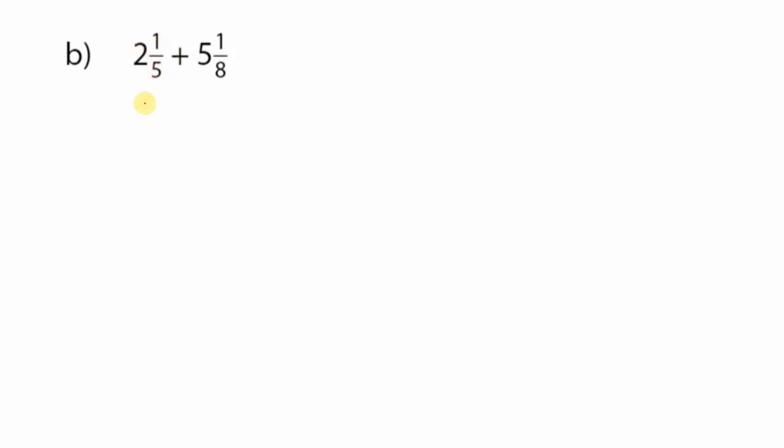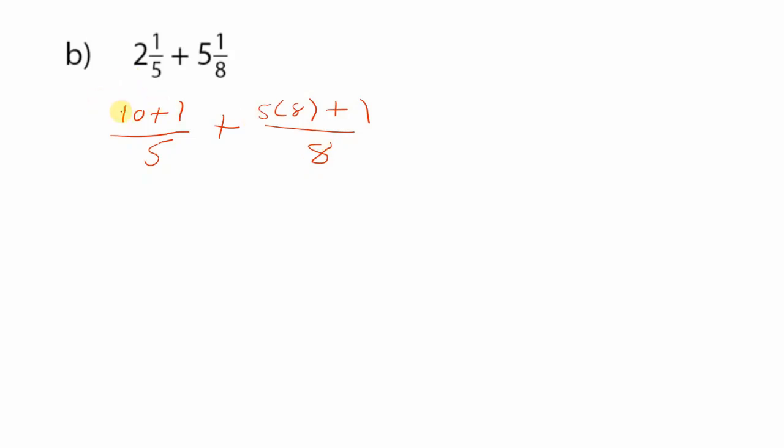So 2 times 5 is 10, plus 1, over 5, plus 5 times 8, which is 40, plus 1, over 8.